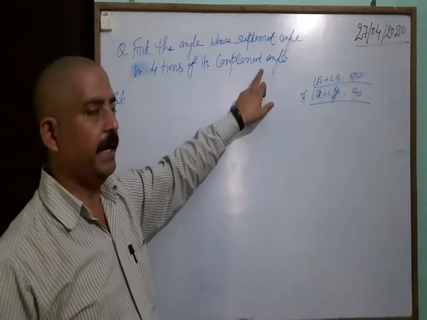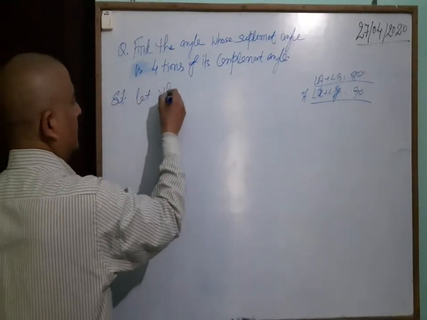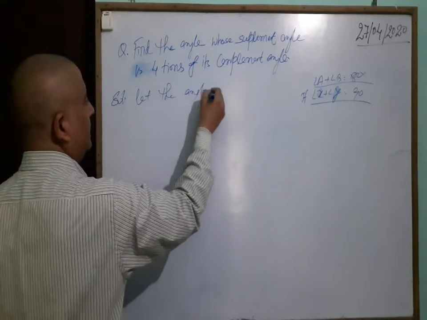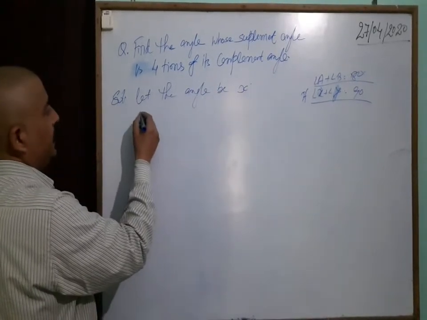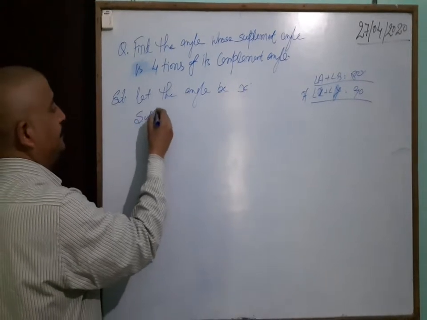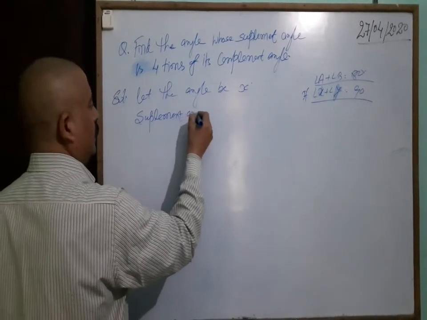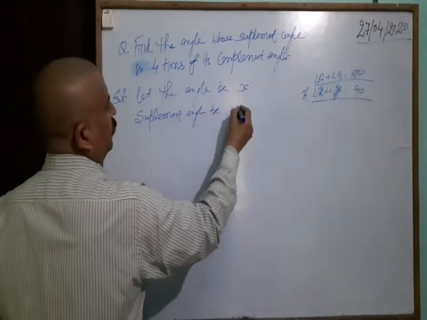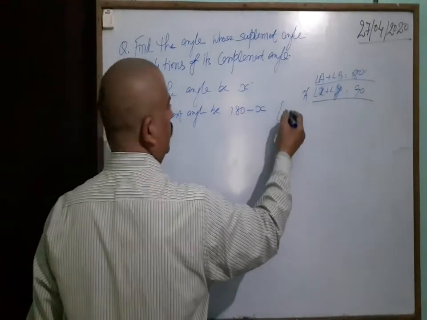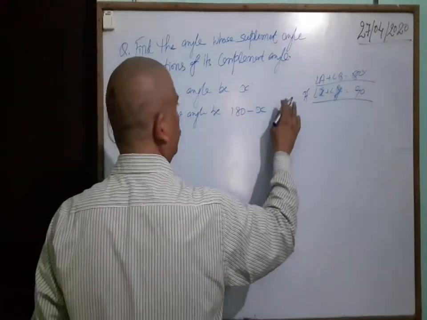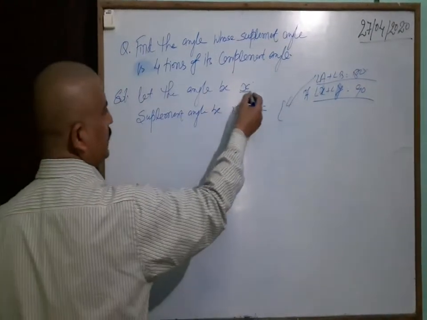Let the angle be x degrees, so its supplement angle will be 180 minus x, because the sum of the two angles will be 180, so if one angle is x, the second angle is 180 minus x.